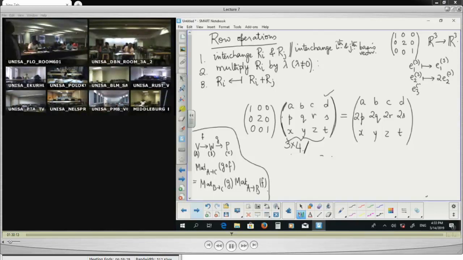So the change of basis is now, again, the same idea.